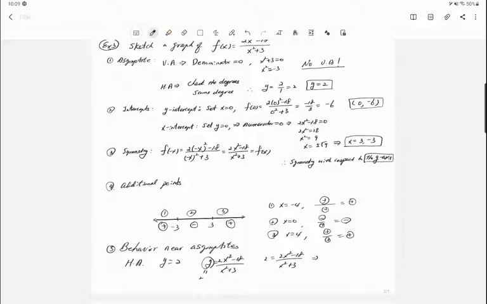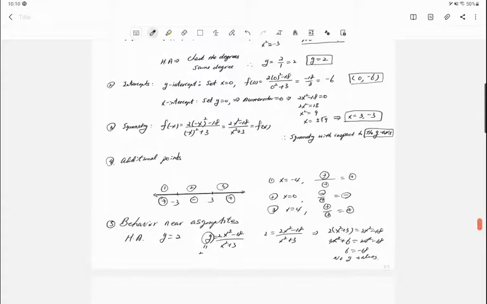Then this looks like 2 times (x squared plus 3) equal to 2x squared minus 18. If the 2x squared cancels out, then 6 equals negative 18. So there is no solution.